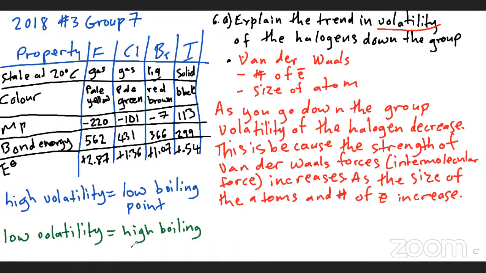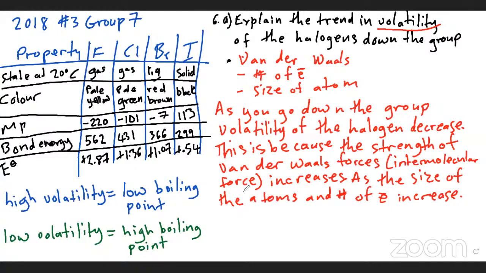So there is a relationship between volatility and boiling point. Yes, go ahead. You said that when we say boiling point or melting point, it is the same thing for explaining volatility. Yeah, because volatility is looking at how easily you break the intermolecular force.